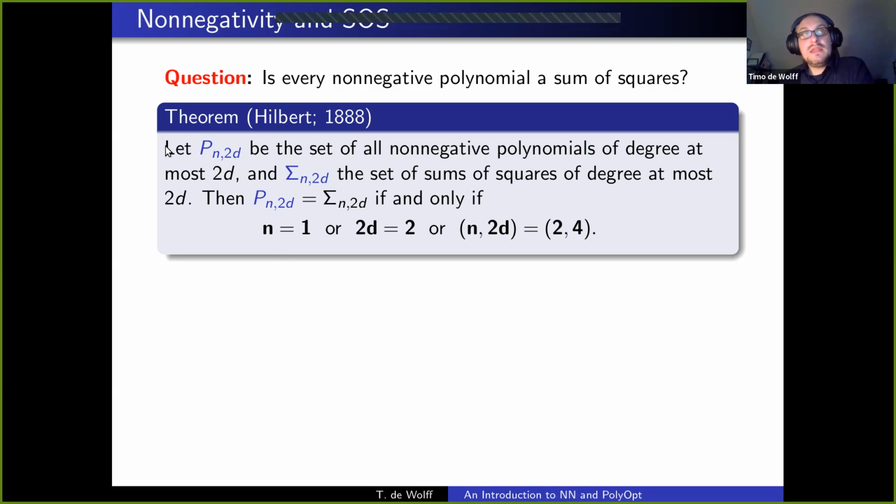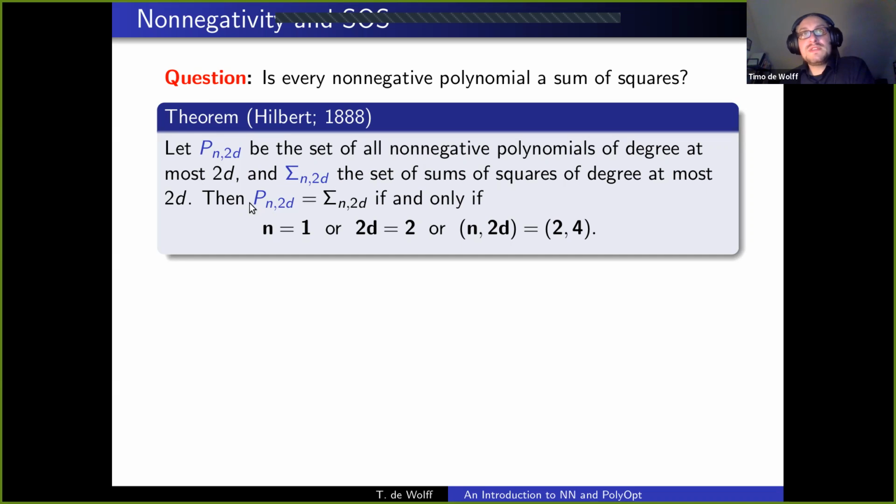He also looks at these spaces of polynomials where you have a degree restriction, and n is the number of variables. And then inside of this vector space of polynomials, he considers the set of non-negative polynomials, let's call this P_{n,2D}, and the set of sums of squares, Sigma_{n,2D}.